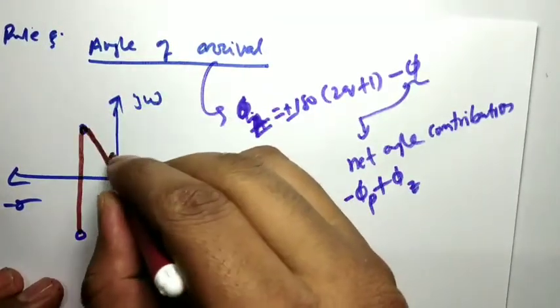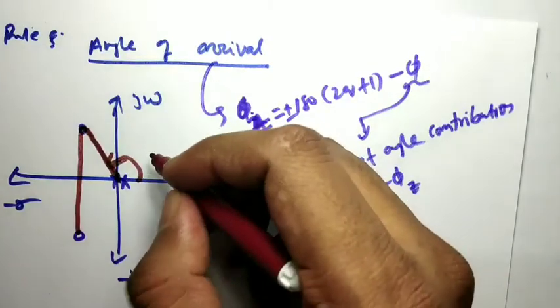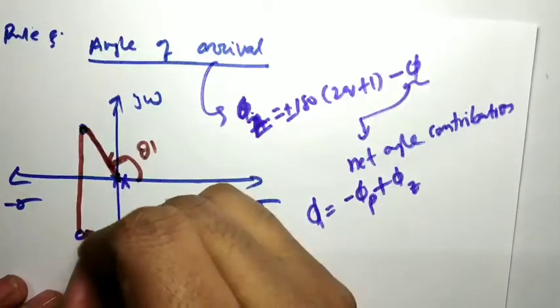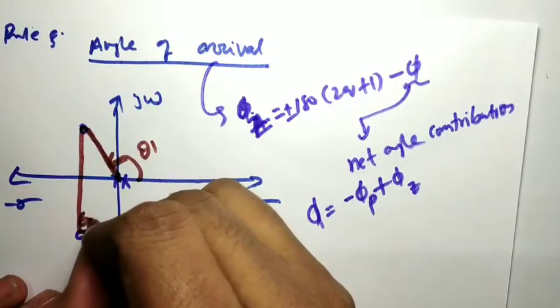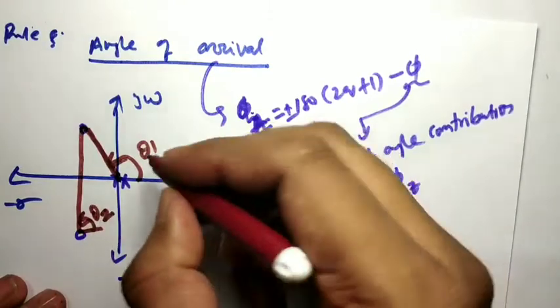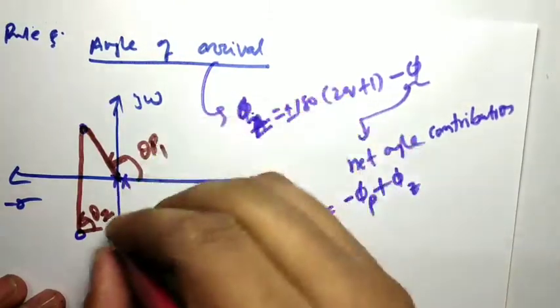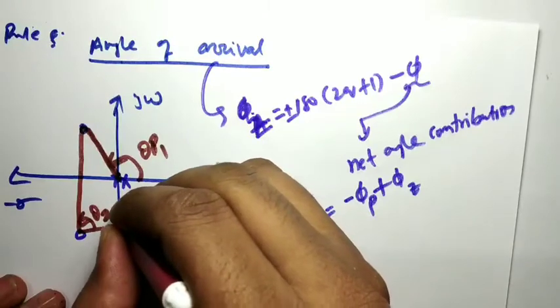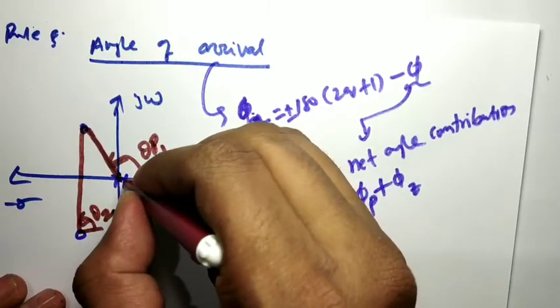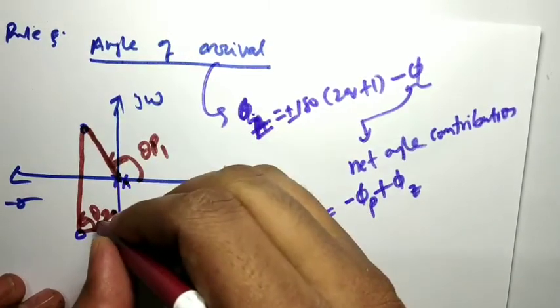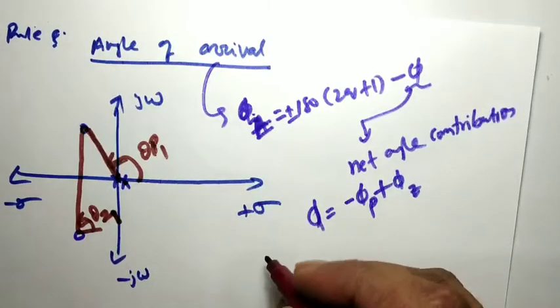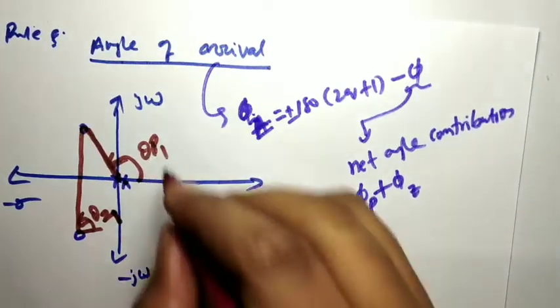So what is the angle contribution here? It is theta 1. This angle contribution is theta 2. This is theta p1, this is theta z1. This is the angle contributed by poles, this is the angle contributed by zeros. So what is here?